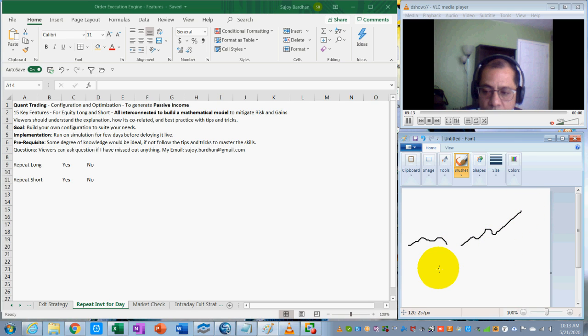So your best bet when it comes to intelligence is to grab hold of these types of stocks, which would give you a very good profitability or return. So that's where repeat comes into place. Say for example, you might get into this trade, and you might exit out at this point.